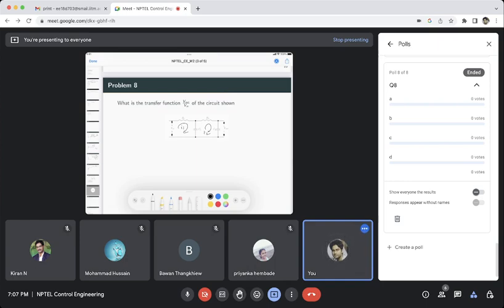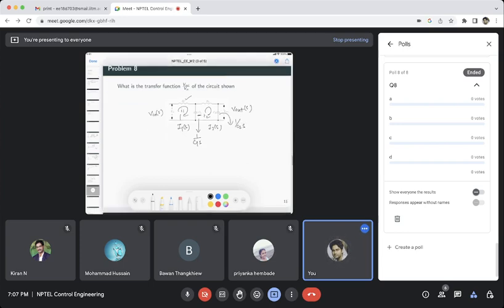So this will be R; in the frequency domain, it will be V in S, the Laplace transform of V in, and this will be V out S, so I am just omitting S. Simplifying, this current will be capital I1 S and this current will be I2 S, the resistances will be R1 and R2, and this C1 will be 1 by C1 S and this will be 1 by C2 S. Is it clear?